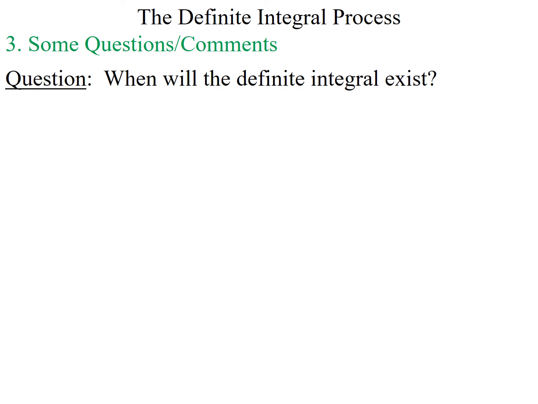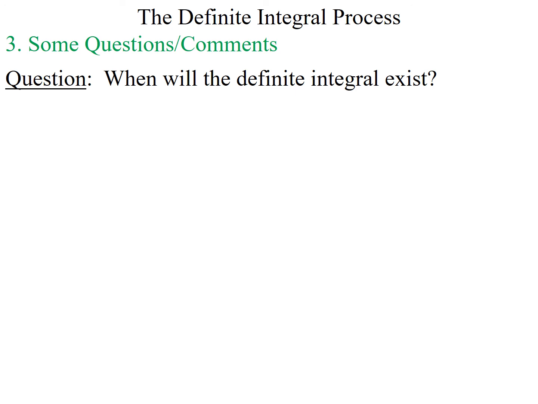But for us, we don't need to know all the situations where a definite integral will exist. What I want you to know, for the functions we're going to see in this class, is that if the function is continuous on the interval, then the limit of the Riemann sum sequence will exist, and it'll be the same no matter what point you use inside the intervals for your xi stars. Or if the function is piecewise continuous.